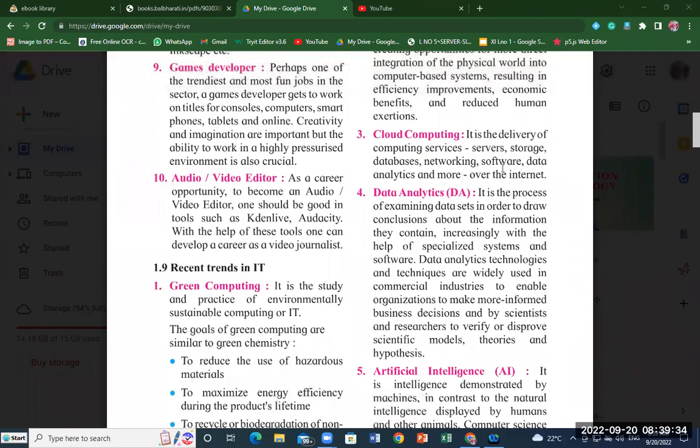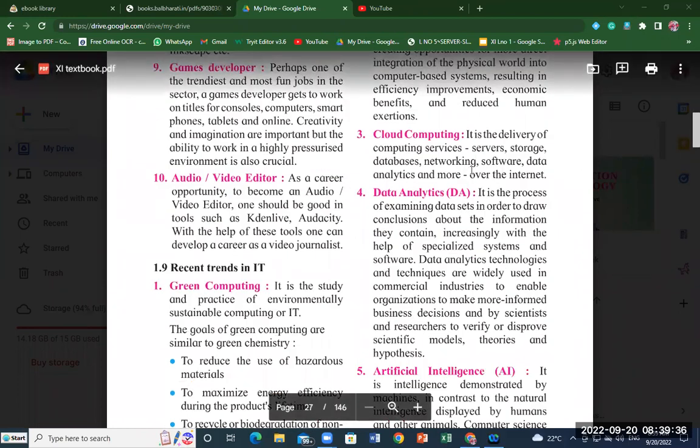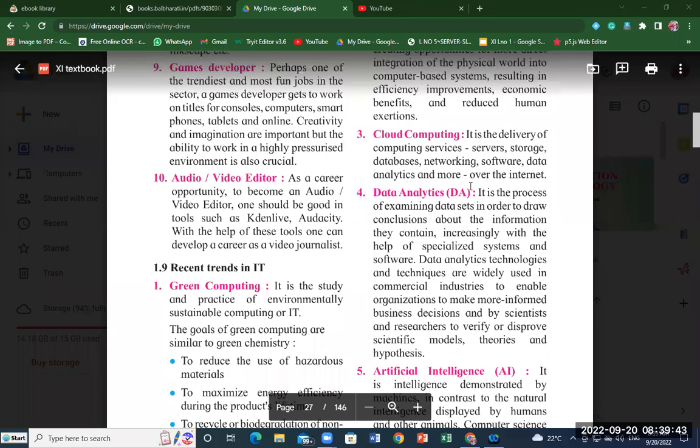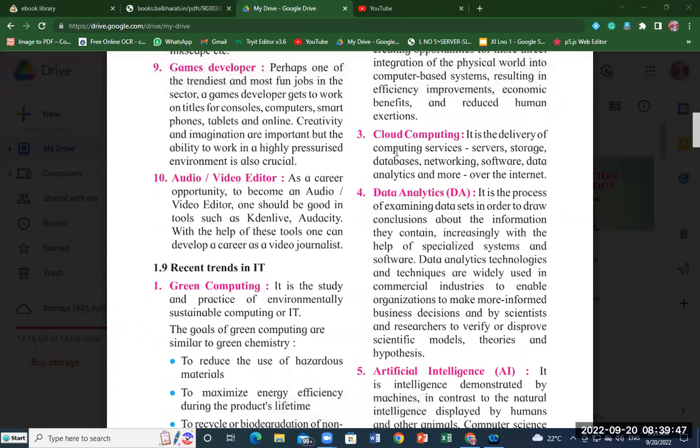Next is cloud computing. It is the delivery of computing services, servers, storage, databases, networking, software, data analytics, and more over the internet, right? This is also one of the chapters next year. This is a cloud wherein you can store all your data.